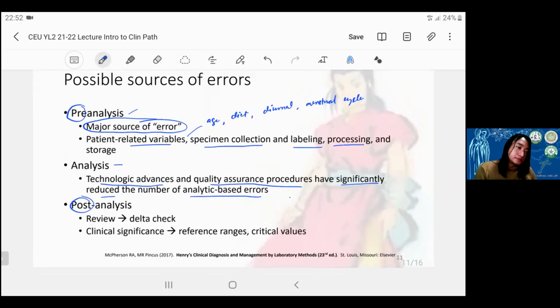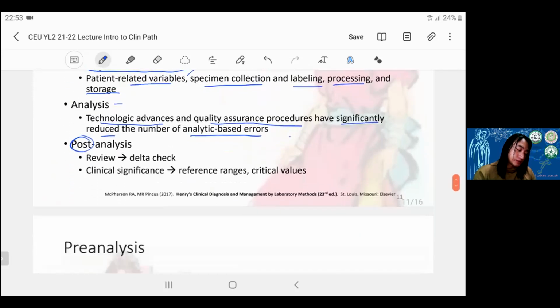Was it centrifuged immediately after receiving? And how was it stored? Was it refrigerated so that the enzymatic activity would be minimized? Or was it stored at room temperature so the enzymes would act on these different substrates, affecting its metabolism and thereby affecting the values during the laboratory tests or analysis.